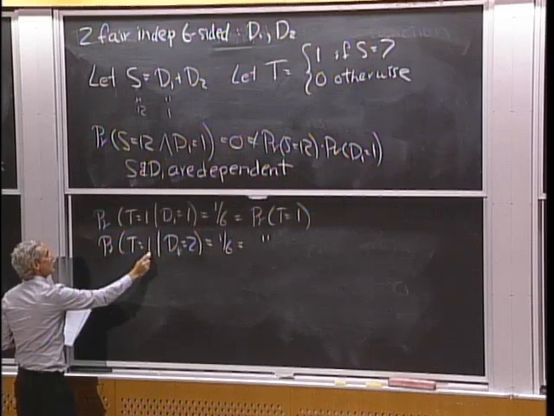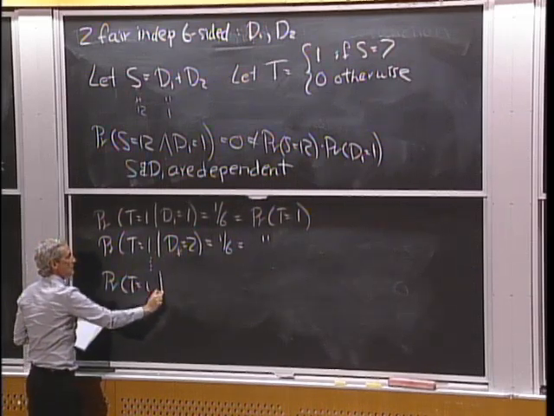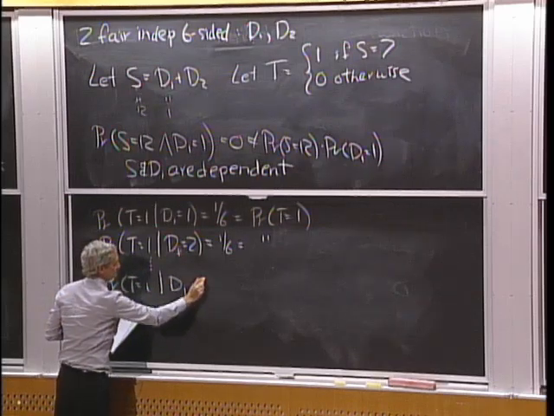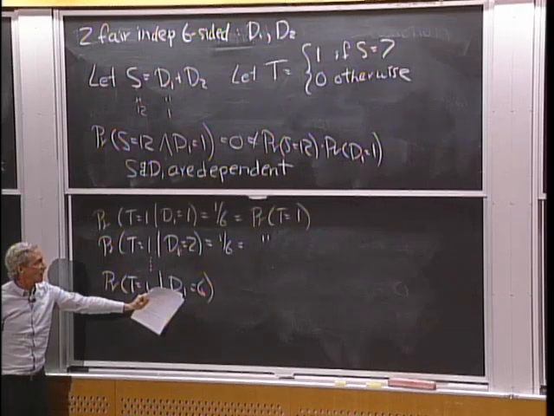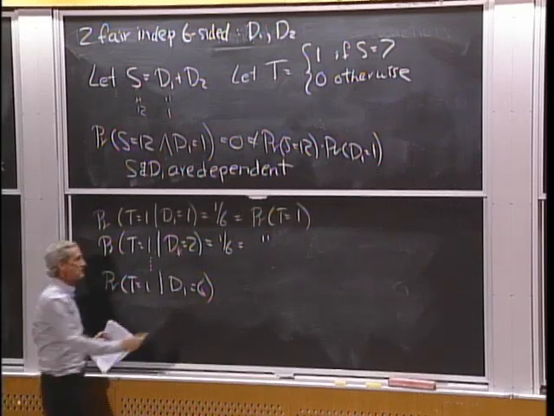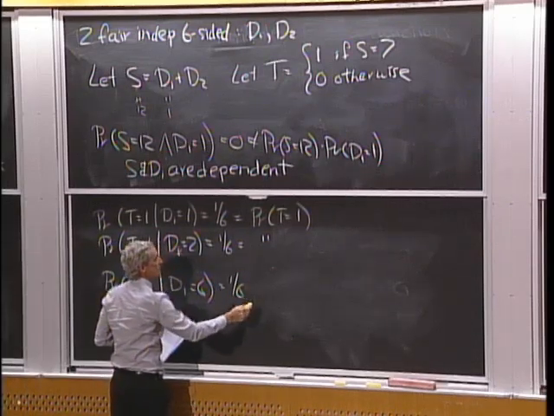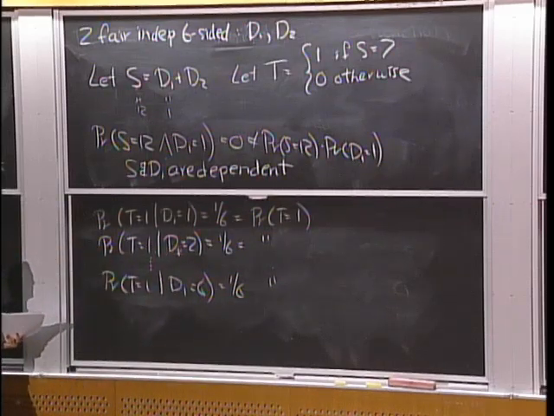In fact, I can keep on going here. Probability T equals 1 given D1 is anything: 1/6. Well, for every value of D1, there's exactly one value of D2 that adds to a 7. So it's still a 6th, which is the probability of getting the 7 in the first place.